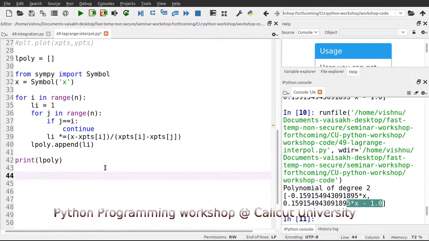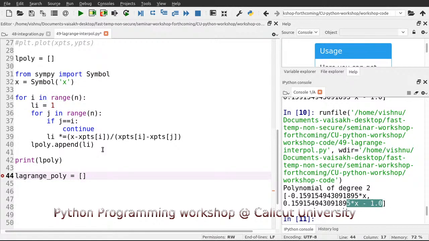So once we have found out this L polynomial, what is the next thing? Lagrange polynomial, what should we do? What we need to do is we need to take i from 0 to n, yi into L(x), and we need to sum.